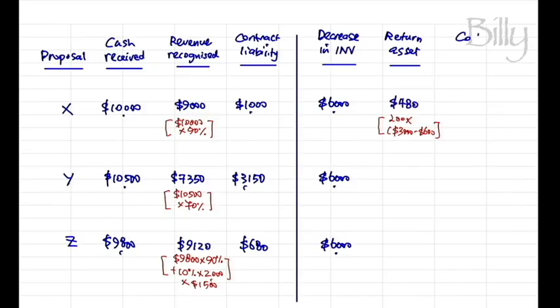How much is the cost of goods sold that we must recognize in profit and loss? We take this minus this, equal to cost of goods sold. 6 million minus 480, the cost of goods sold is 5520. We apply the same concept to Proposal Y. For Proposal Y, we expect 30% of goods returned, which is 600 units.